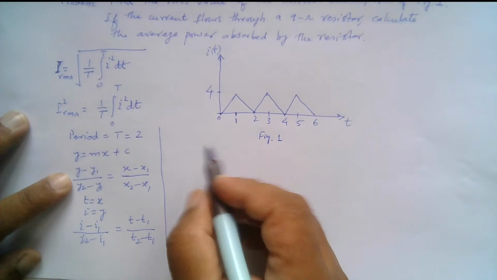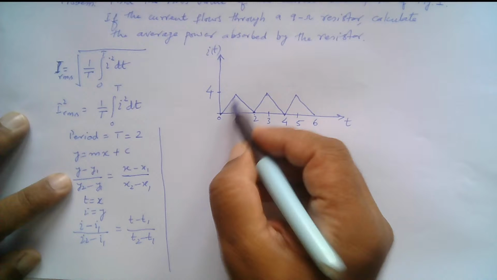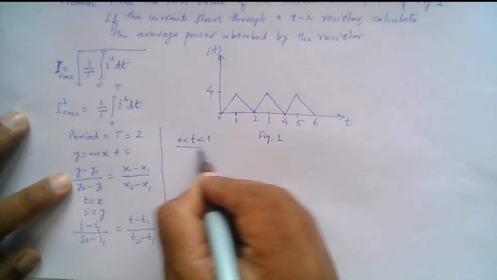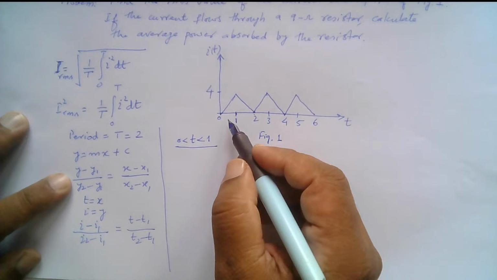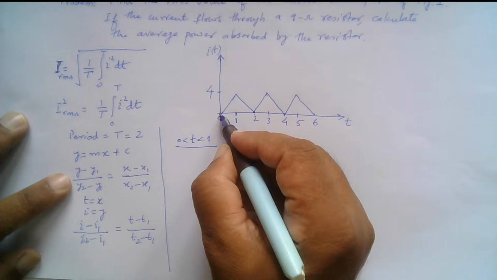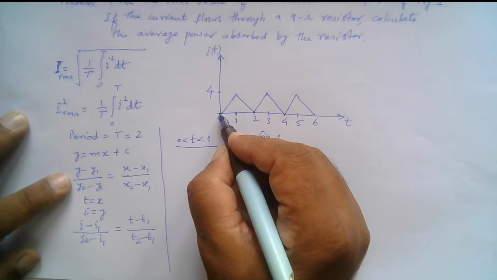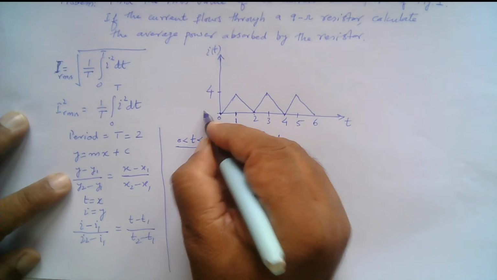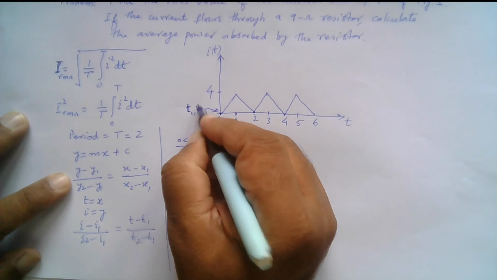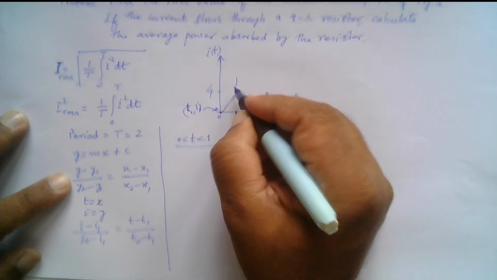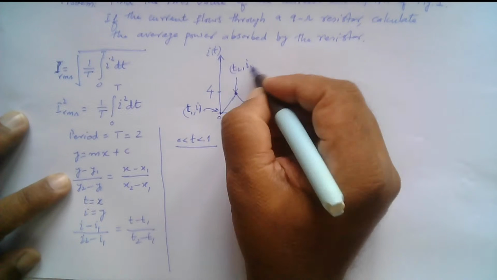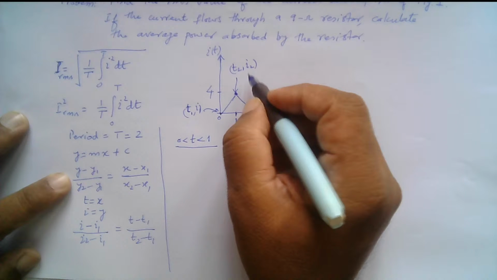So we are first interested to find the equation for this line for the interval t greater than 0 to t less than 1. To find this equation, we call this the first point, T1 and I1, and let's call this point T2 and I2, corresponding to x2 comma y2, right?